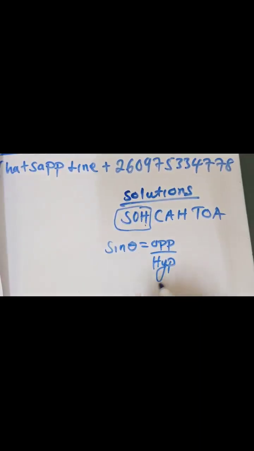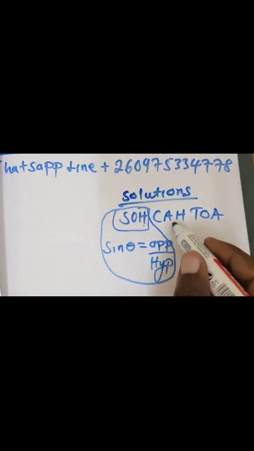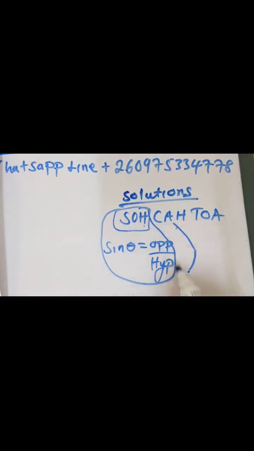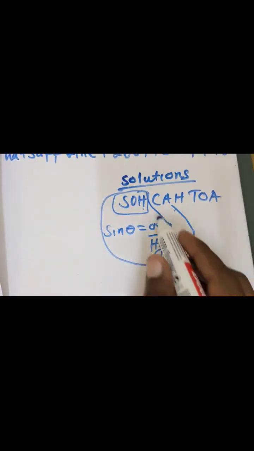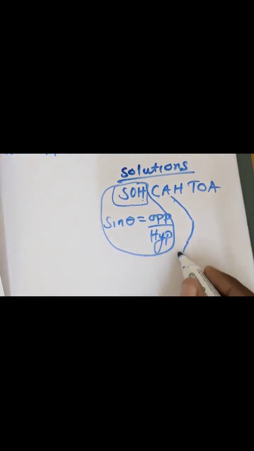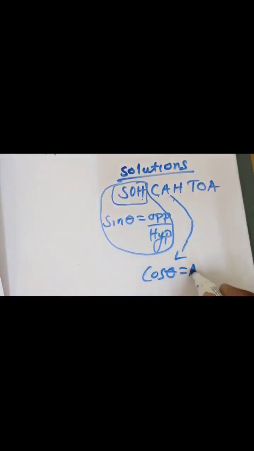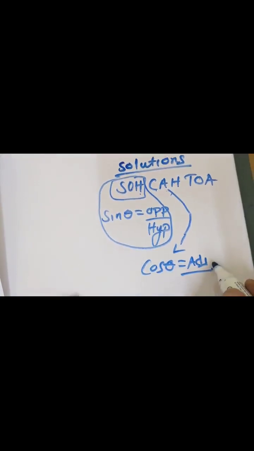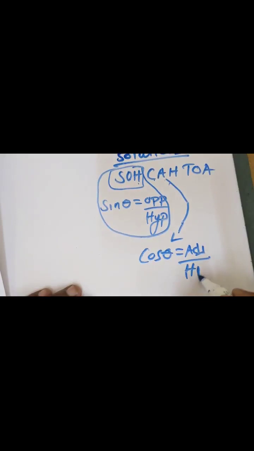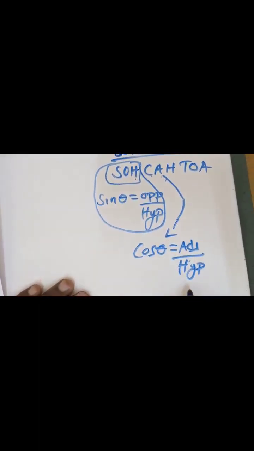Then this one, C is for cos, so cos theta is equal to the adjacent over the hypotenuse, like that. I hope you are seeing what I'm doing right here. So that is for the hypotenuse.